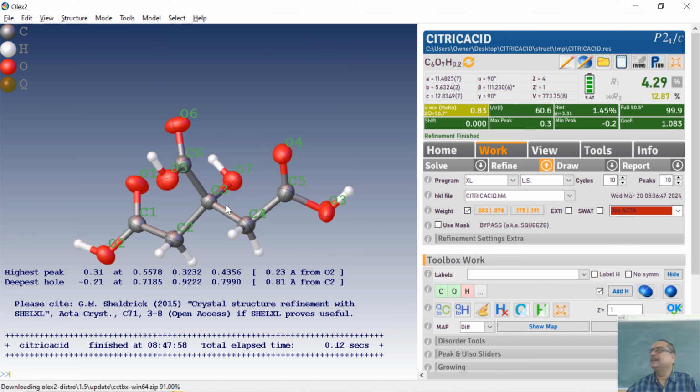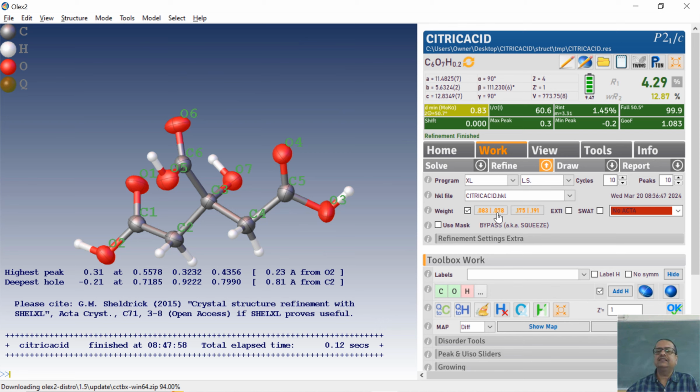These bonds are coming slightly shorter because the electron density is located and there is a certain amount of uncertainty in the determination of that electron density. So that is why these bond lengths are slightly shorter. In one case, it is approximately the neutron bond length. So one can do this.